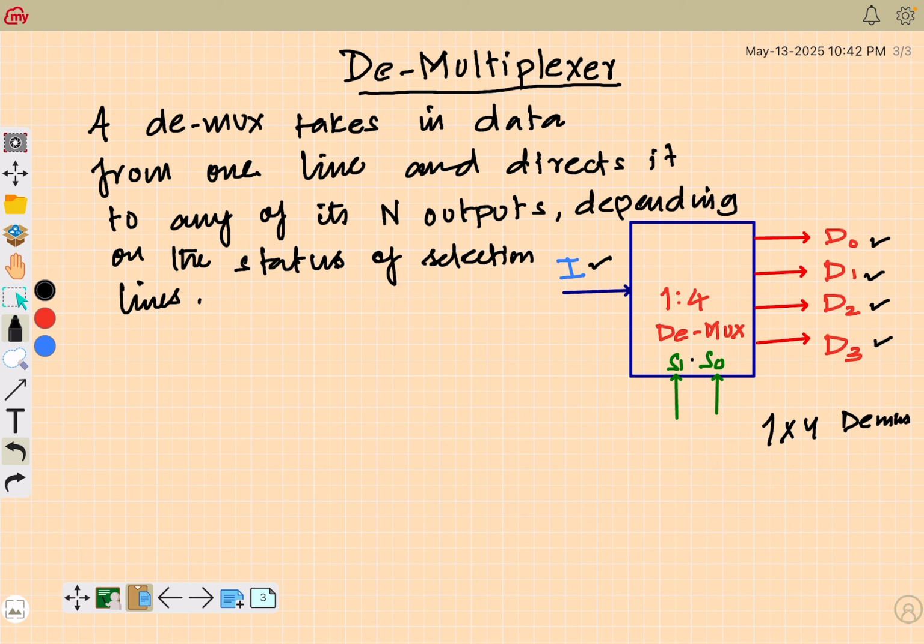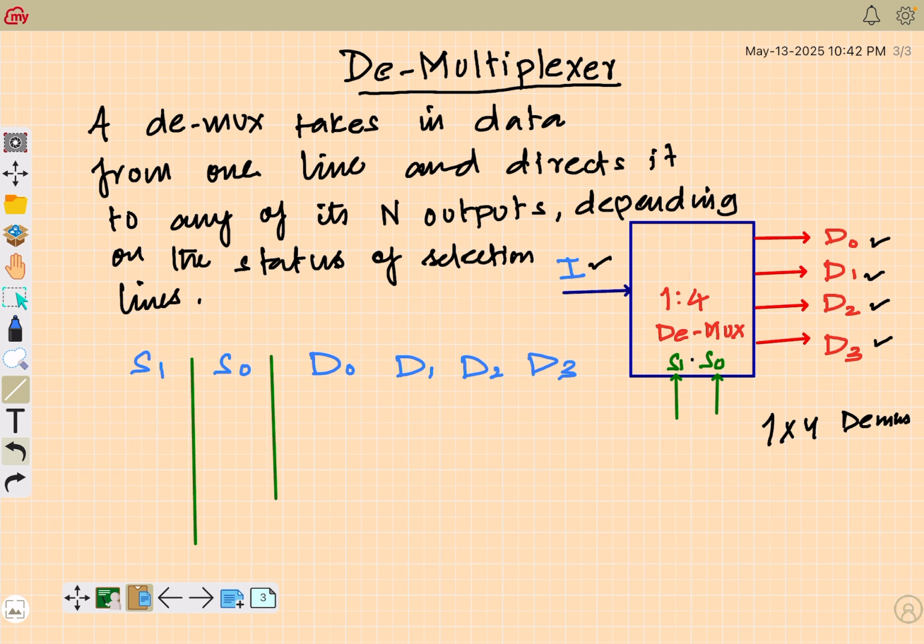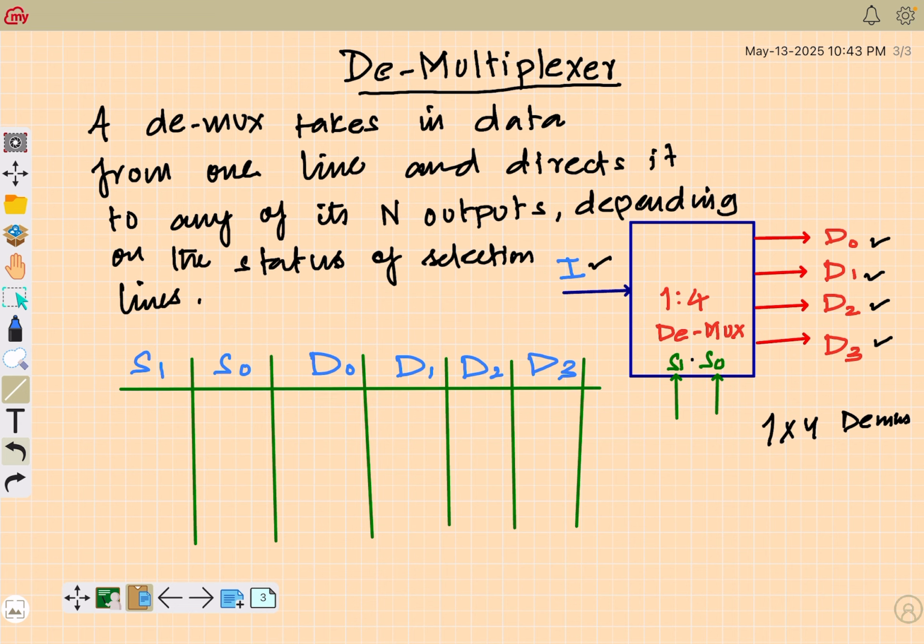Now we can draw a similar table and then define its function. The values on S1 and S0 will determine which of the outputs will get the input. So if I quickly make a small table, S1, S0 as selection lines, then D0, D1, D2, and D3 as my data outputs.